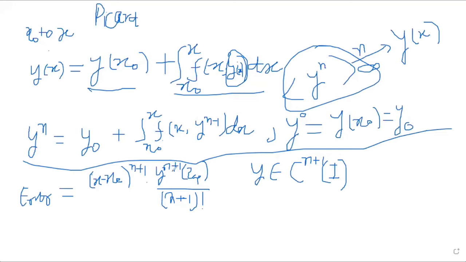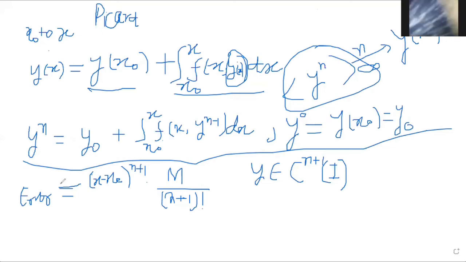So let us assume that y^(n+1)(xi) is bounded by M. Then this will be replaced by the bound, capital M, where capital M is the bound of the (n plus 1)th derivative, and this equality will become an inequality.